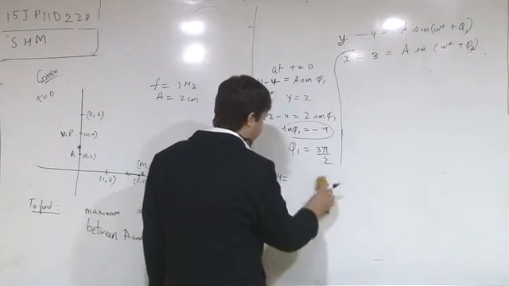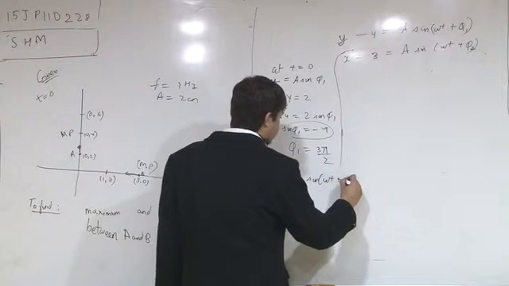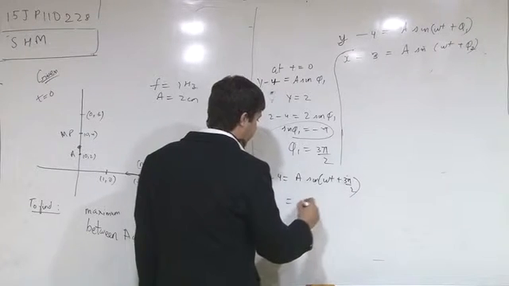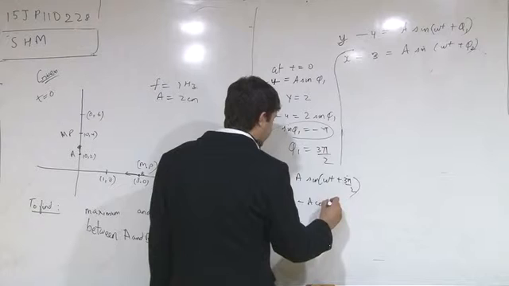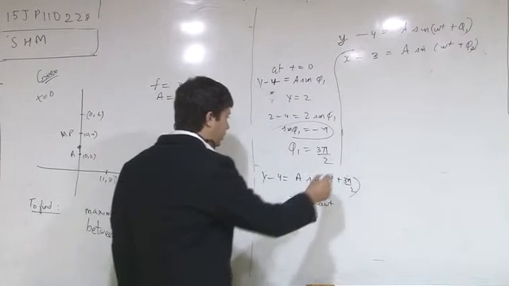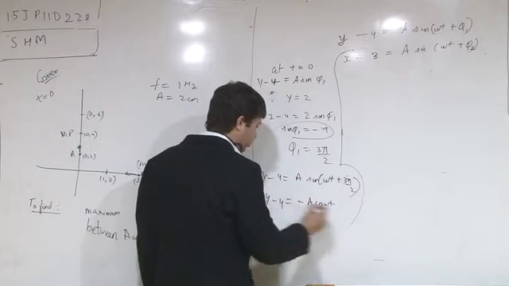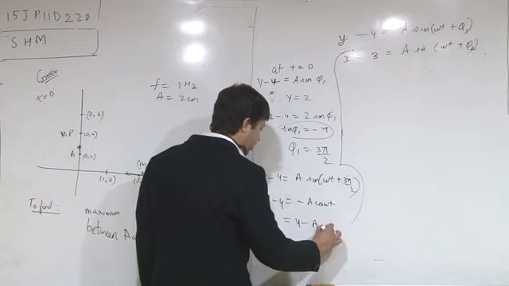If you want to simplify it, it is a sine (omega t plus 3 pi by 2), and if you subtract 2 pi, we easily get minus a cos omega t. So y minus 4 is equal to minus a cos omega t, and y comes out to be 4 minus a cos omega t.